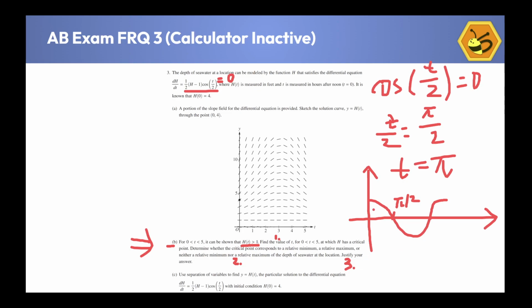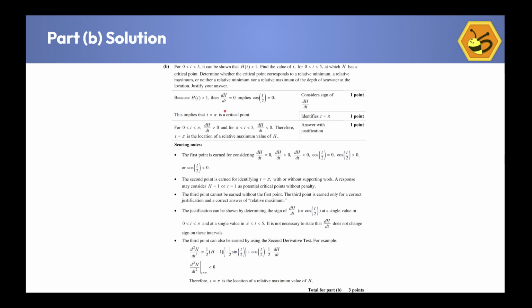Negative pi over 2 or 3 pi over 2 will exceed the restriction that t must be between 0 and 5. So we can only pick pi over 2. Yes, so t equals pi is a critical point. So considering the sign of dh over dt and identifying t equals pi are worth 1 point each.